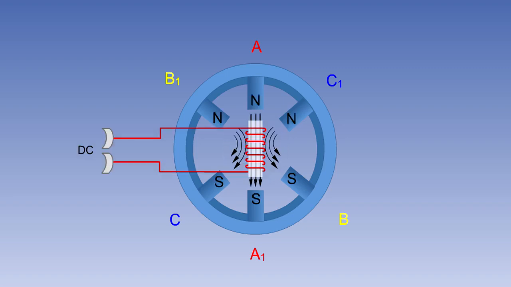A practical synchronous motor, rather than using a bar magnet, has a rotating coil on a soft iron core, energized with DC through slip rings, causing it to act as an electromagnet. In the same way as the bar magnet did, it lines up with the field created by the stator, and if the field turns, the rotor turns with it.